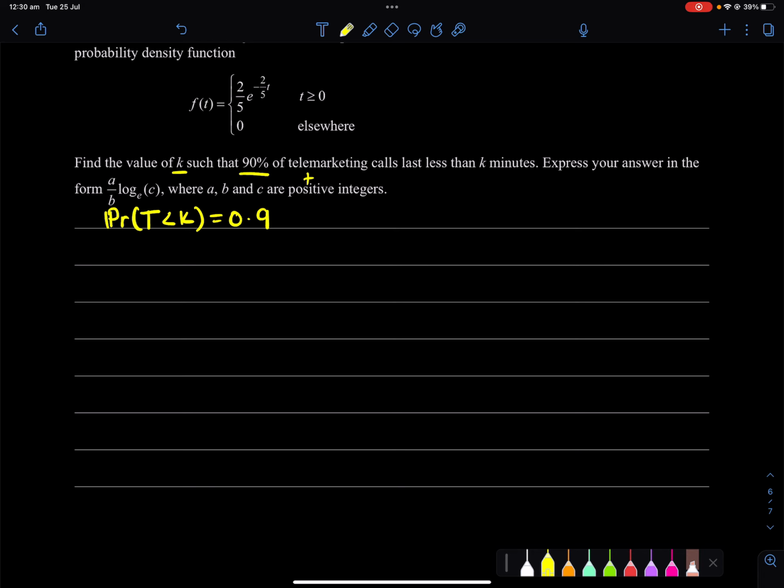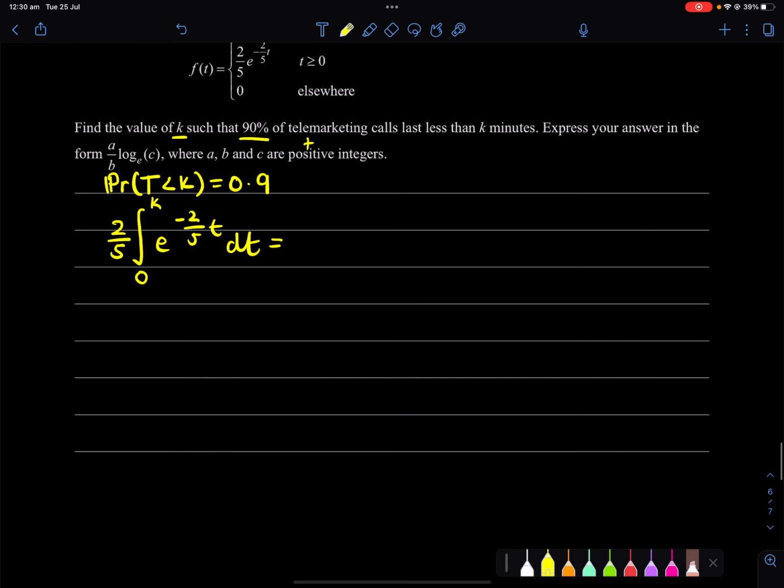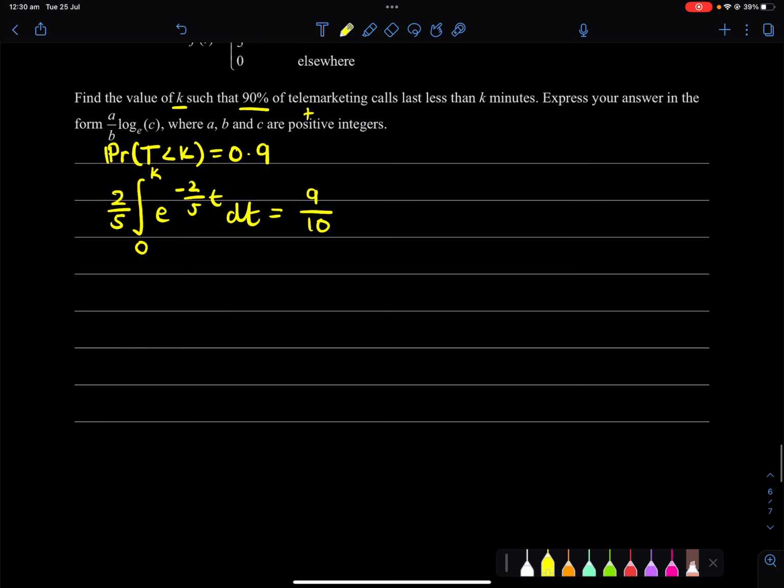So this can be rewritten as, in a probability density function, the integral from 0 to k of the function. I'm going to bring that 2/5 over here first: 2/5 e^(-2/5 t) dt equals 0.9, which is the same as 9/10. Always write in fractions, it's much easier to deal with.